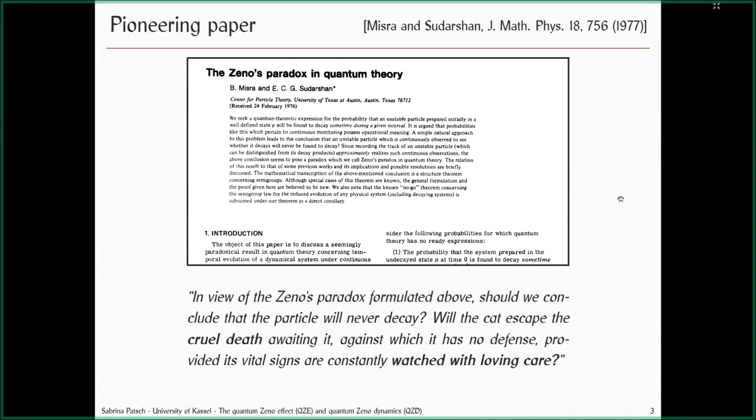And in the paper, they're actually saying that it is quite bizarre and physically unacceptable what happens in the Zeno paradox, and this limit of very frequent measurements, as we will see in a minute. So I think they weren't quite convinced yet if this is really working or not.